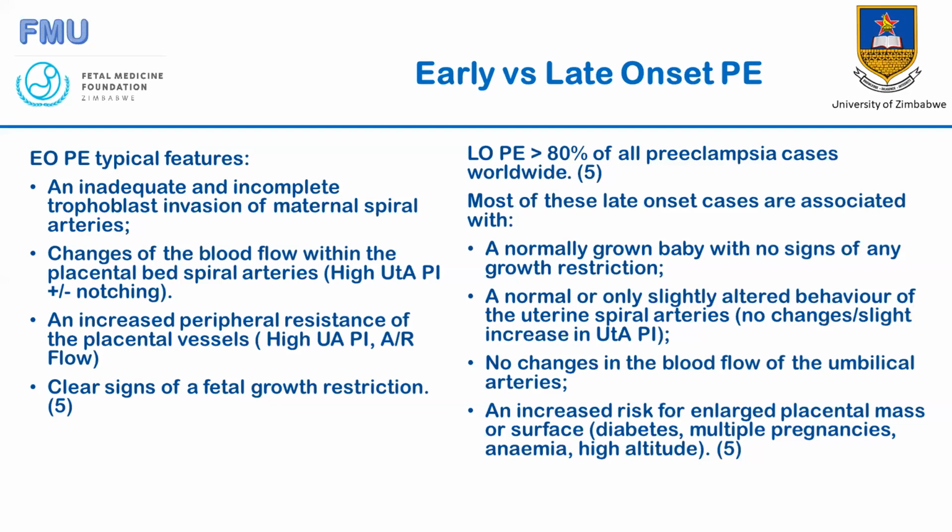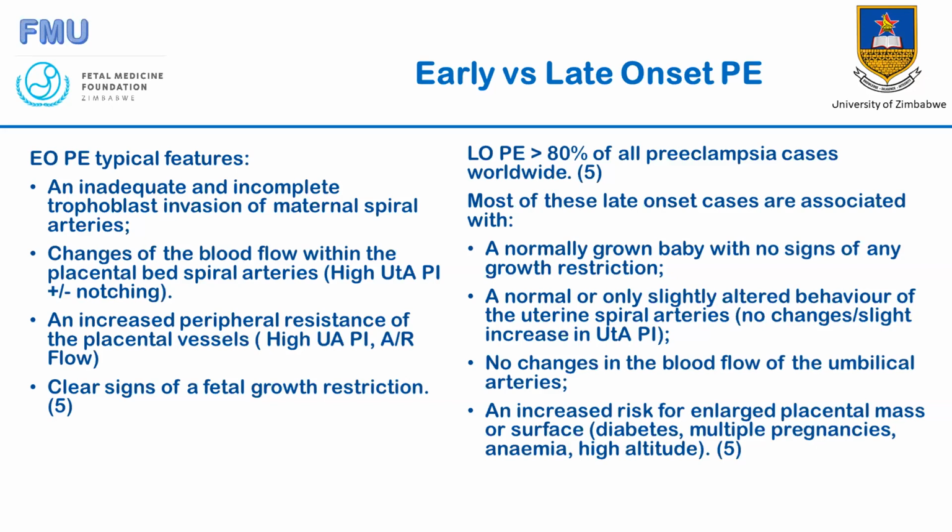There will be changes of the blood flow within the placental bed spiral arteries, and this can be depicted through high uterine artery PI. So there will be high resistance within the uterine arteries. They become stiff, and the flow can be with or without notching.